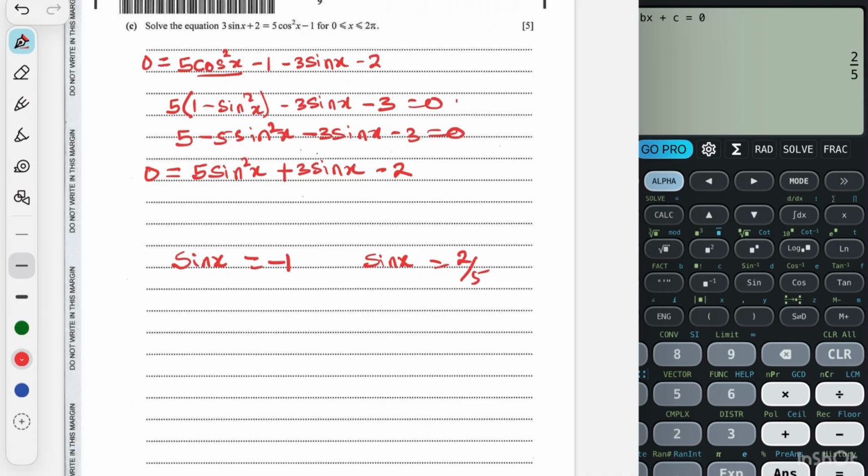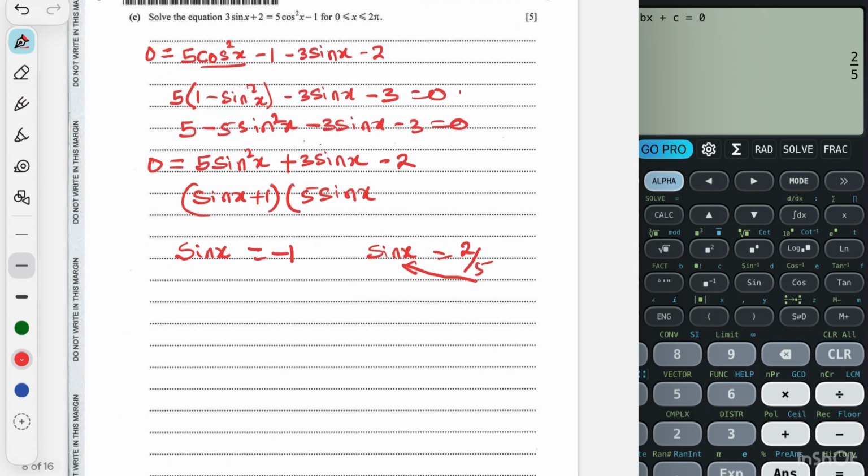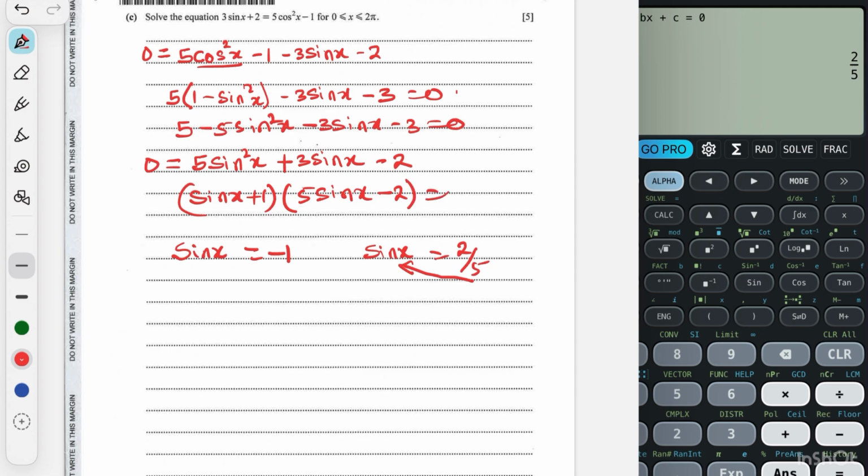But if you write this in exam, you lose 1 mark. How did you get the answer? So I want you to be smart. So you can do sine x, you move this, this will be plus 1. And how do we keep this? So 5 times this will be 5 sine x. Then you move the 2, minus 2, equal to 0.